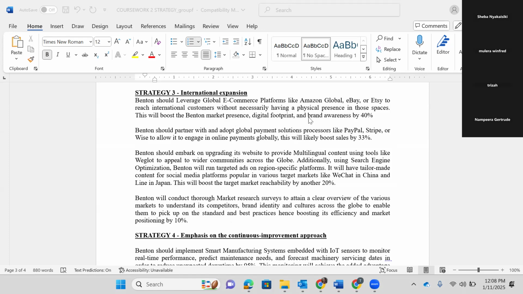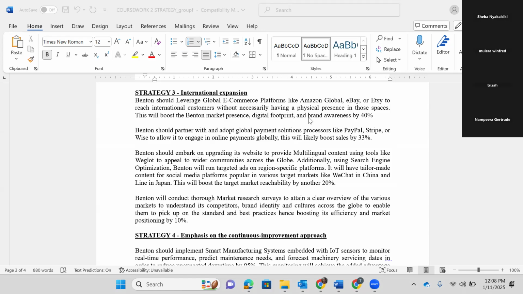This really helps you to reach out to those people without even being there physically. And we said this will boost Benton's market presence, digital footprint, and brand awareness. We are looking at an increment of 40%.